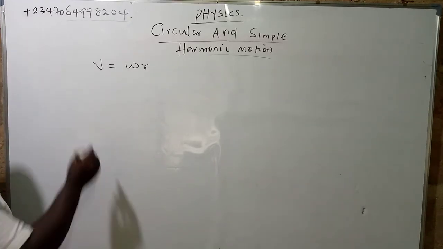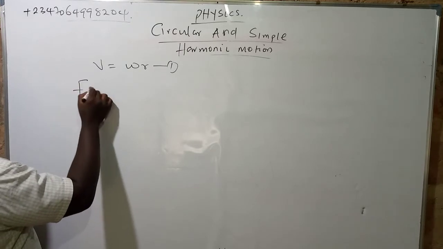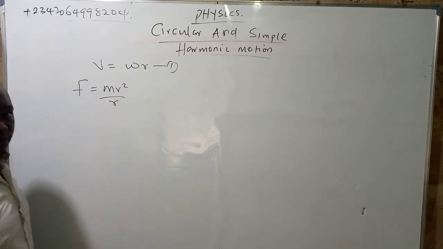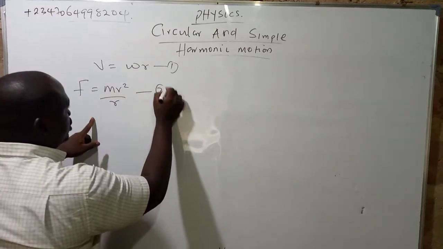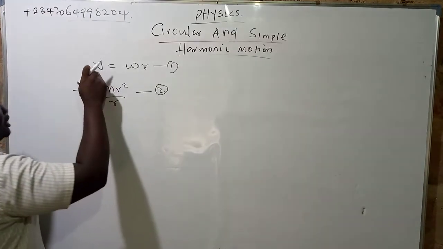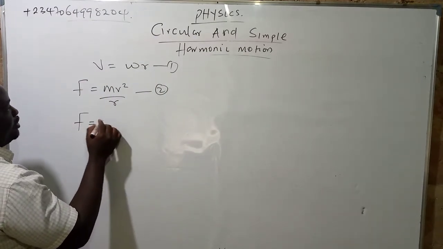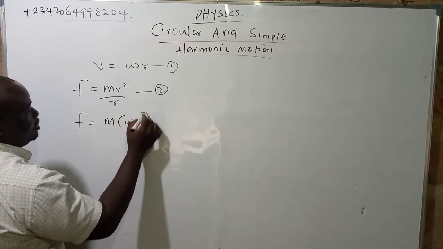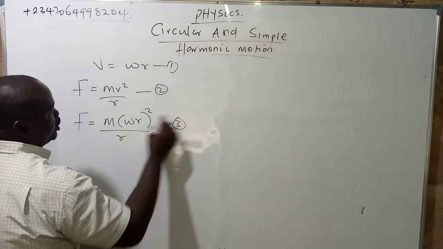Now remember, from centripetal force, if I call this equation 1, from centripetal force, F is equal to mv squared all over r. Let me call this equation 2. What I want to do is put equation 1 into 2. So we'll be left with F is equal to m into (ωr) squared all over r. Let me call this equation 3.